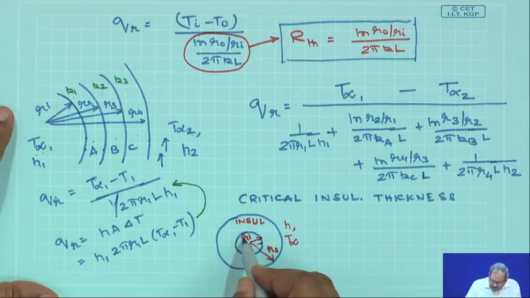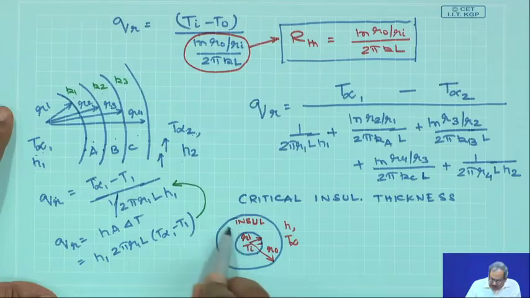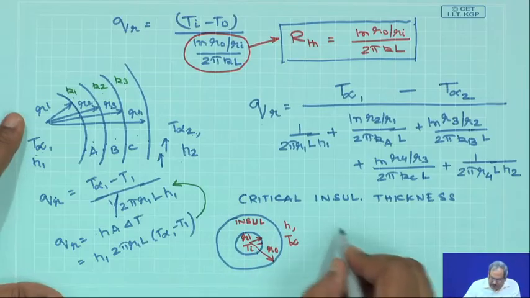So, it is a solid rod of radius R I, the junction temperature is at T I, the insulation radius is R naught, and it is exposed to H and T infinity.